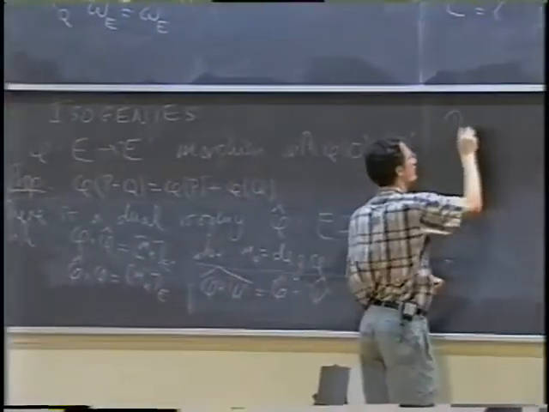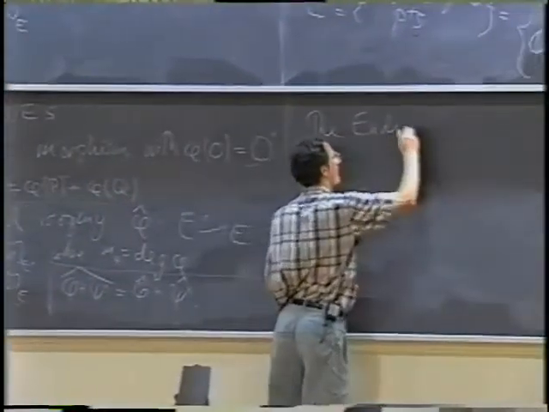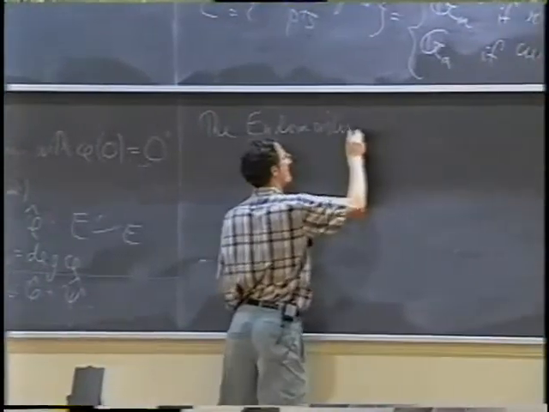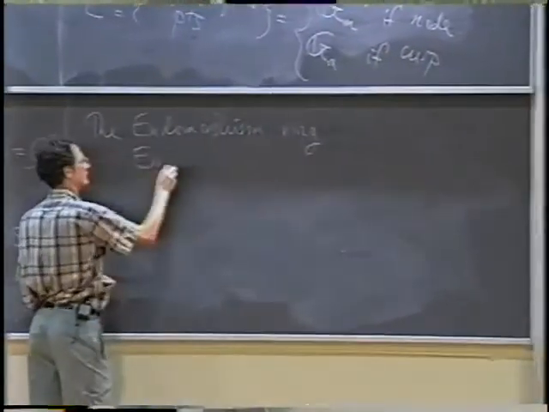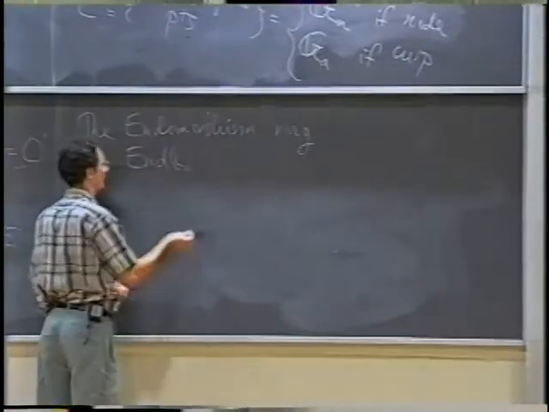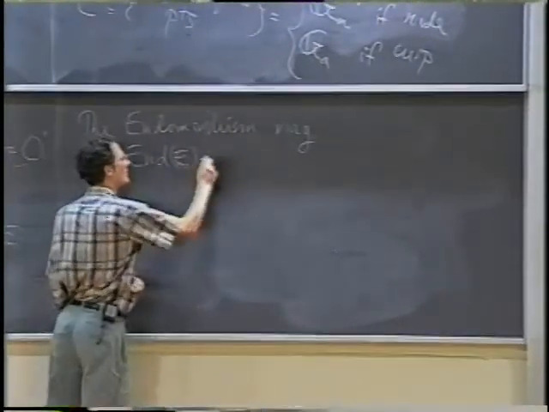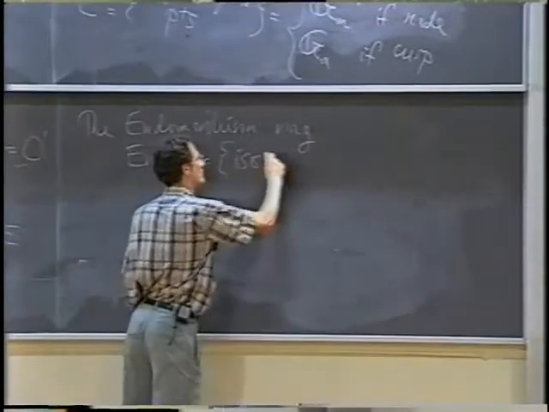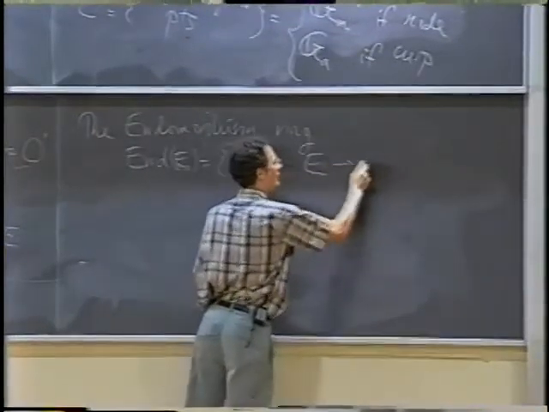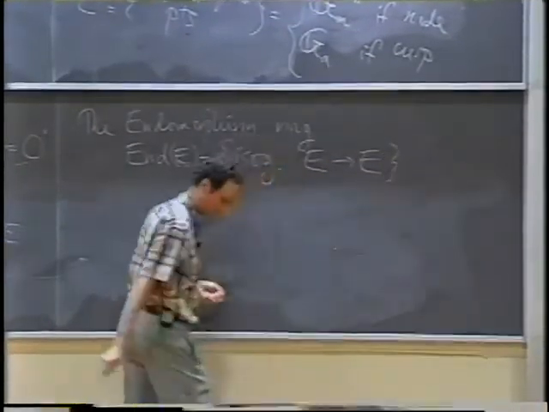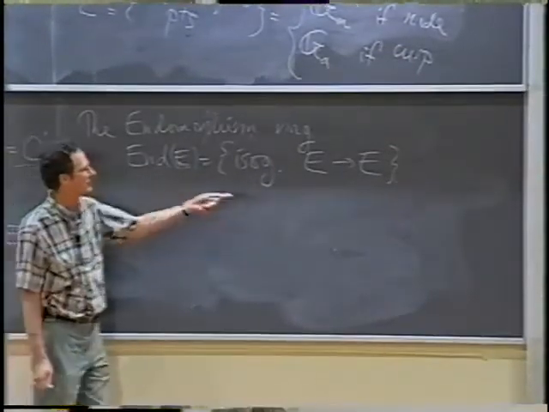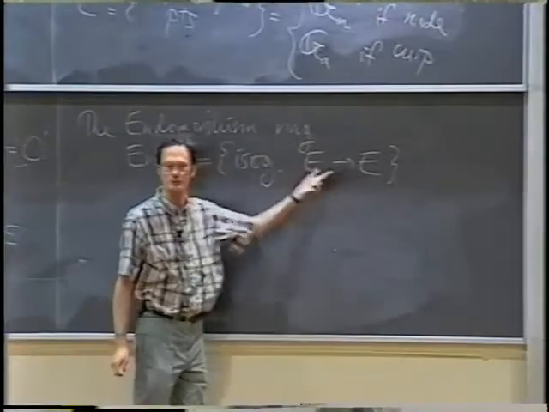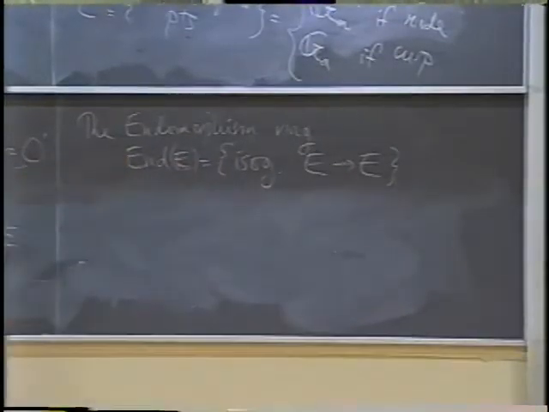So we can look at the endomorphism ring, End of E, which is just the set of isogenies from E to itself, where addition is addition on E and multiplication, as usual, is composition of functions.